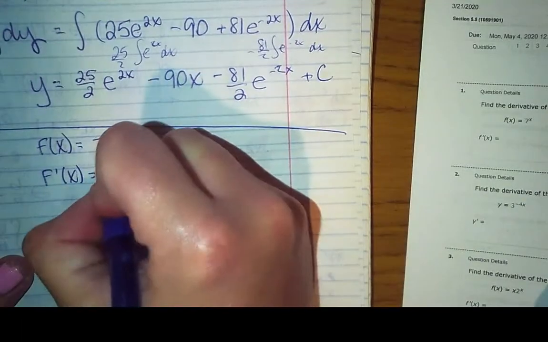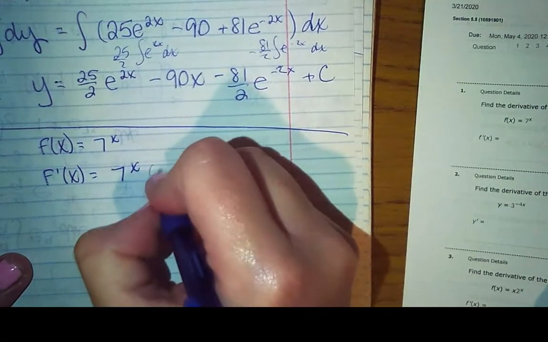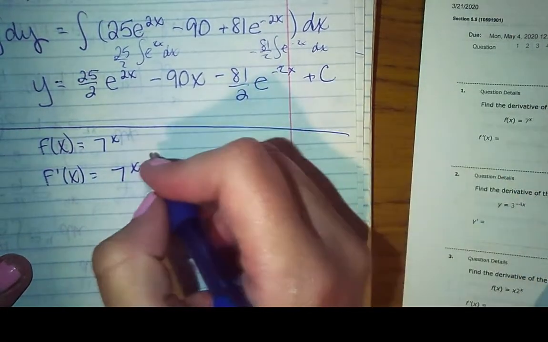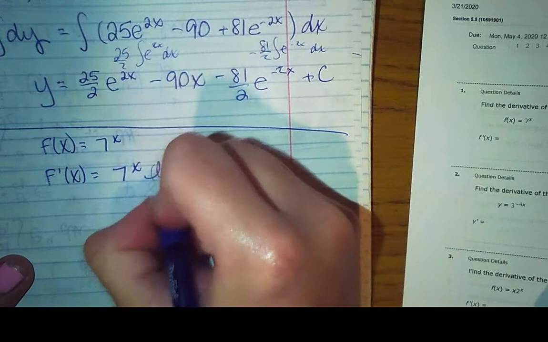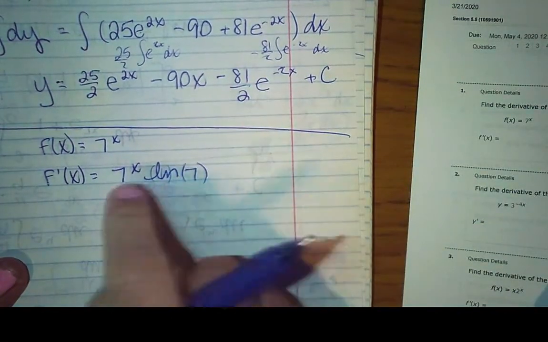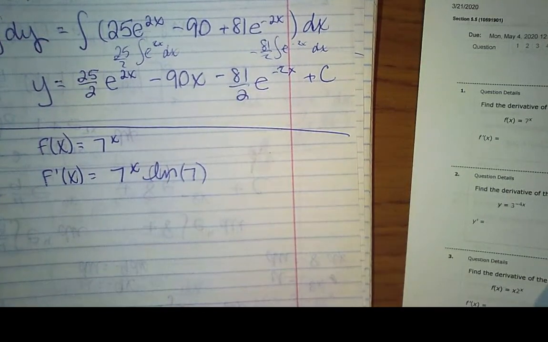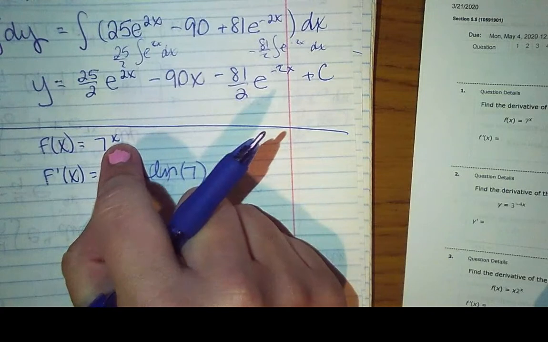So write what's sitting there times the derivative of the exponent, which is 1, times the natural log of the base, which is the natural log of 7. So 7 raised to the x power times the natural log of 7. That's the derivative of 7 raised to the x power.